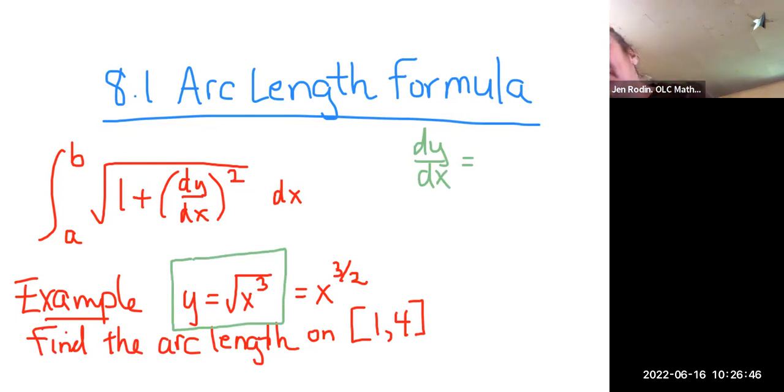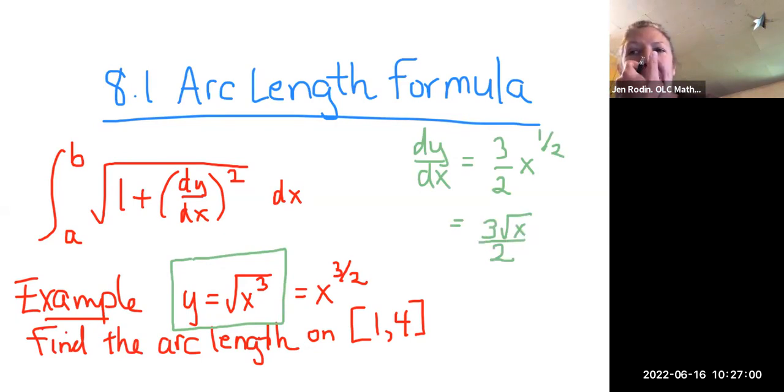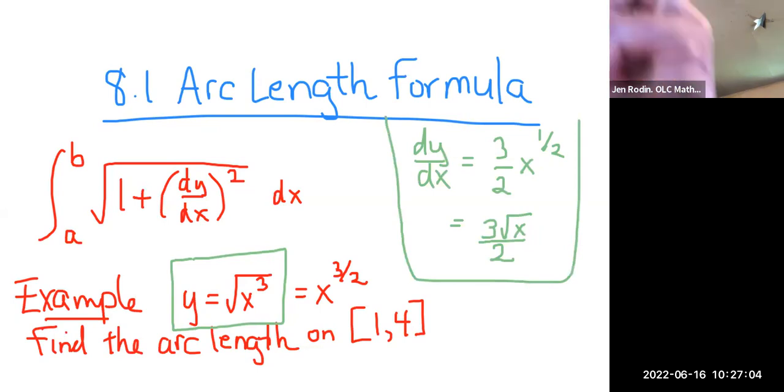So the derivative is going to be 3/2 x to the 1/2. And I'm just going to write it in terms that are more comfortable for my brain. I need to do that first, because it's going to go in the formula right there, squared.